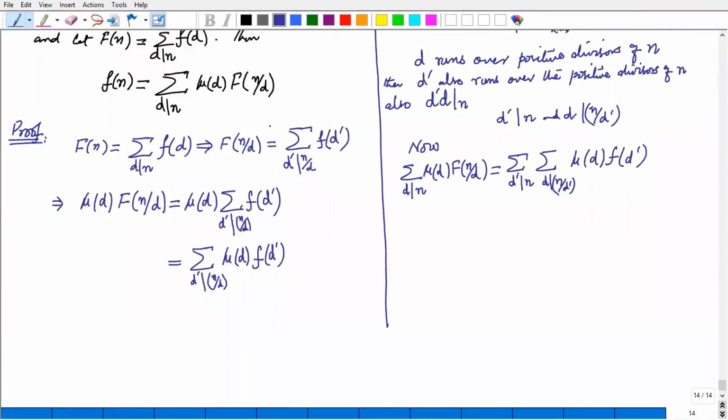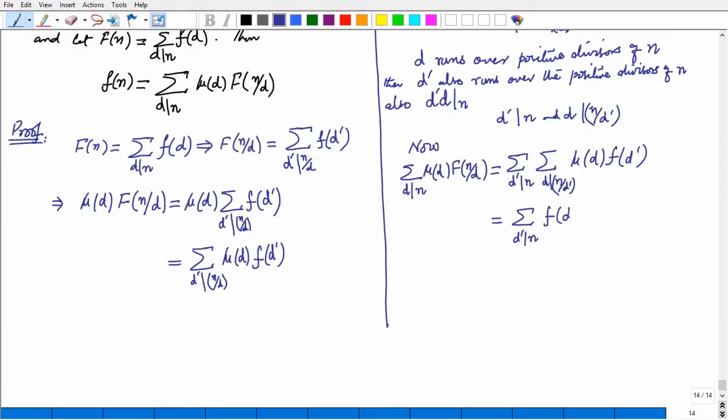Because f d prime is related to d prime only, we can separate them. There is no problem to separate them.